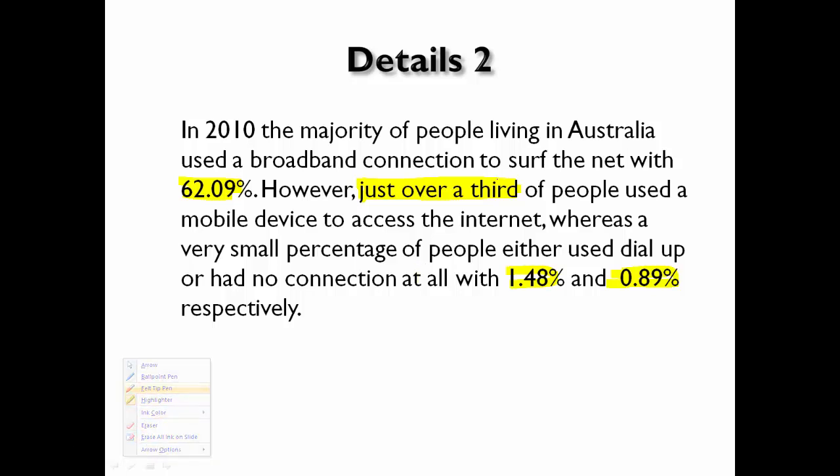So I'll underline the categories in red: broadband, mobile, dial-up, and no connection, so that each of the 4 categories is mentioned, because we need to include the categories. But each category only has 1 piece of data, so it's no problem to explain all the pieces of data for this.